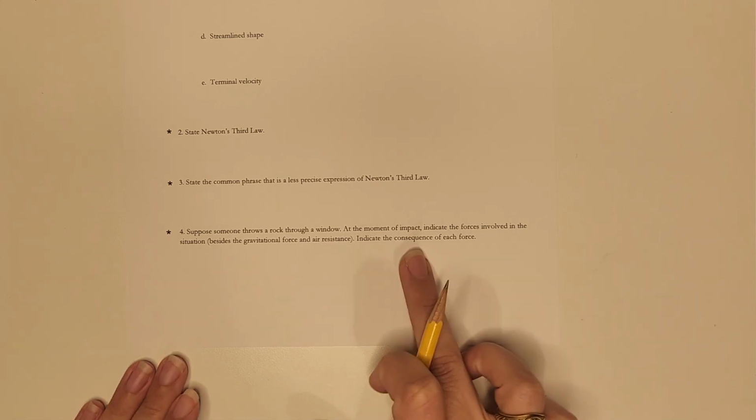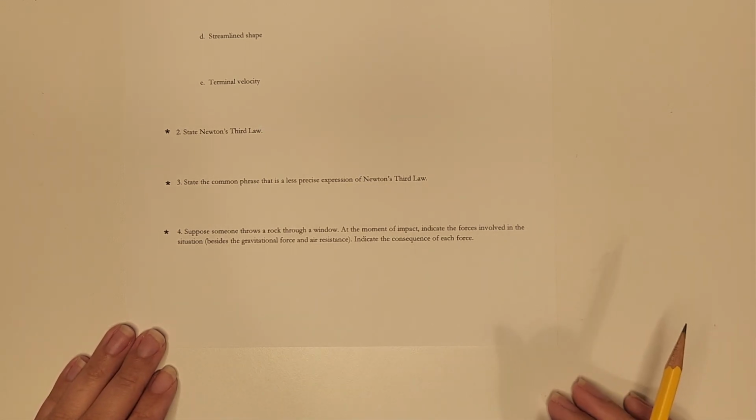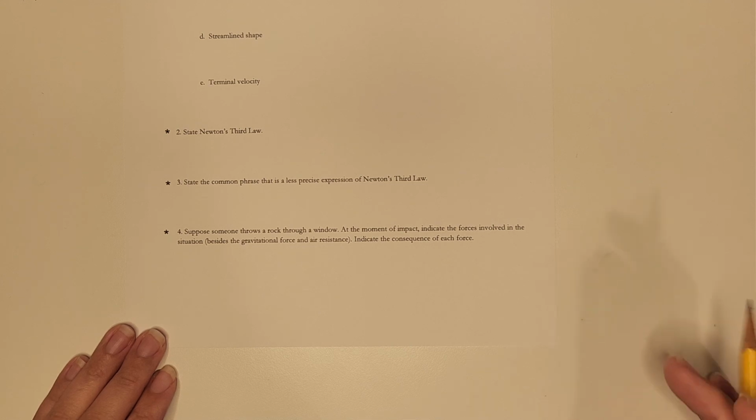We know a rock is being thrown at a window, and that window and the rock do impact each other. So that rock is going to exert a force on the window, of course. And the consequence of that force, well, likely the window will break. So the rock exerts a force on the window, causing the window to break.